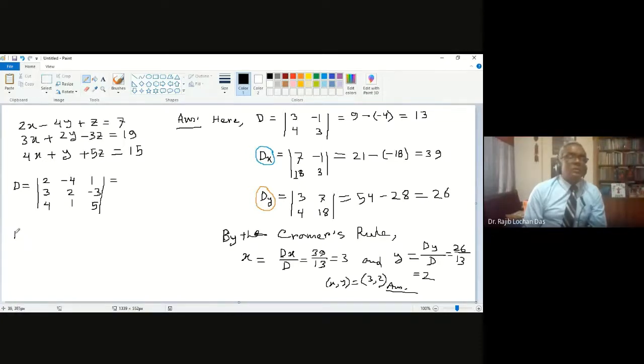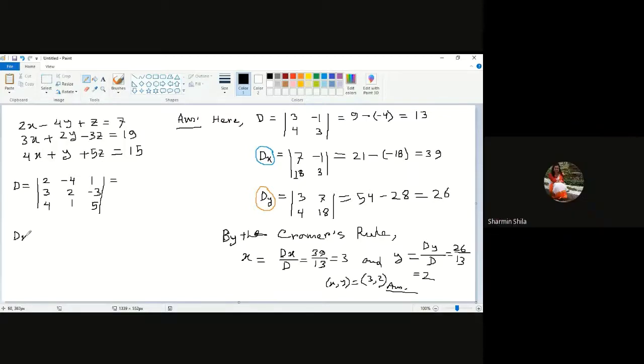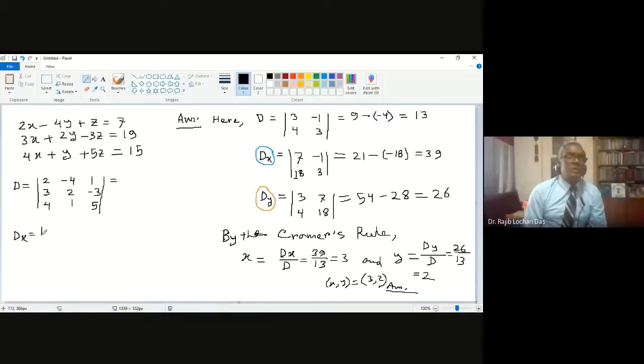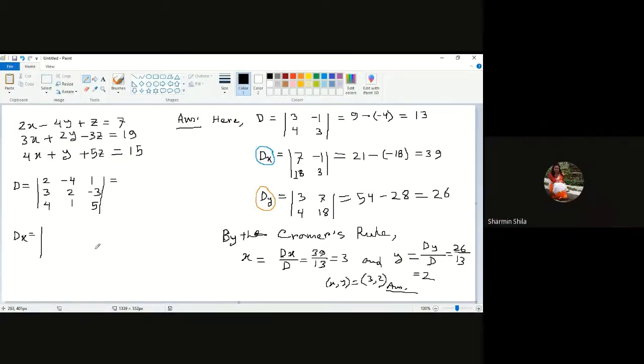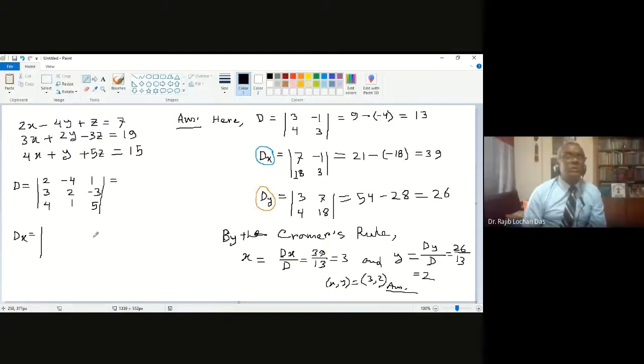And what will be your dx? So someone tell me what will be your dx. So what you do actually, you keep minus 4, 2, 1 and 1, minus 3, 5, these two columns unchanged.